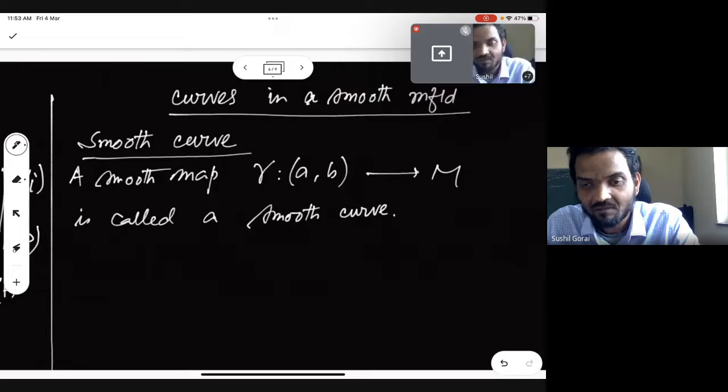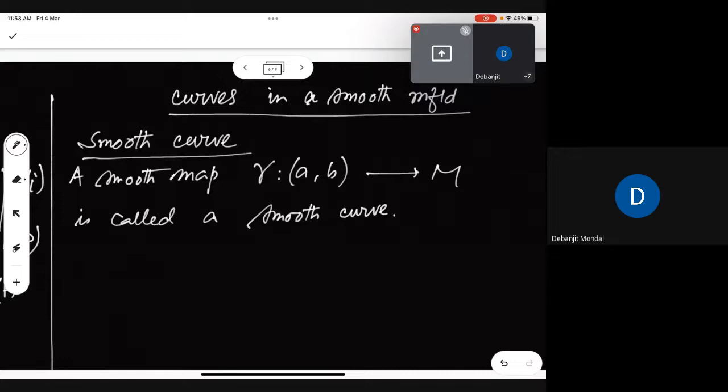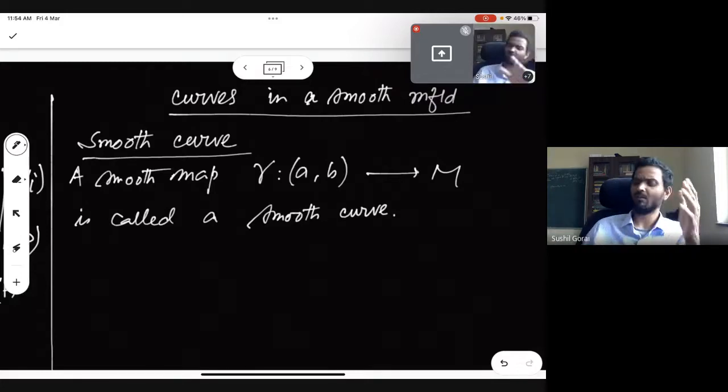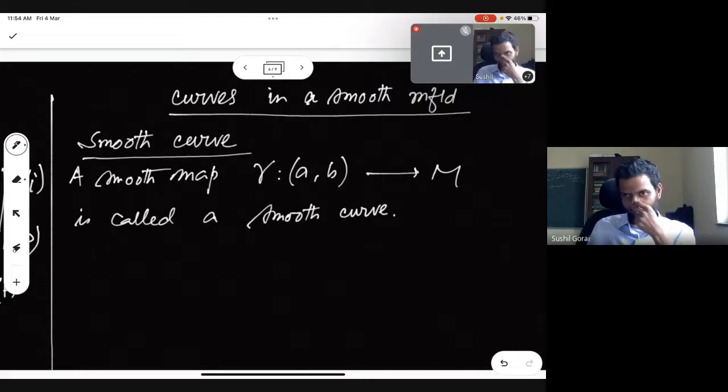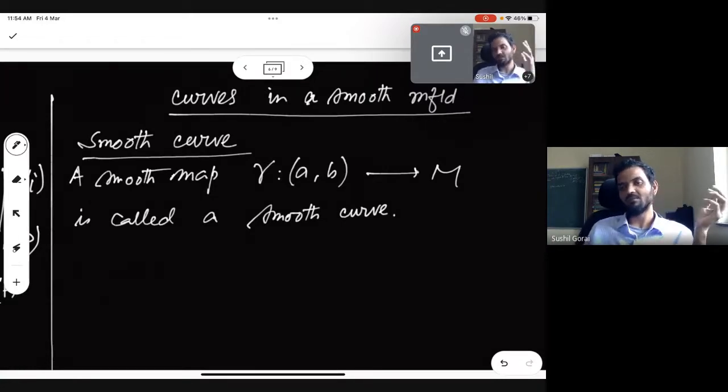Yeah, what is the basis? Gamma dash T at T, any point in AB. No, the basis of the tangent space of the interval AB. Anybody? What is the basis for the tangent space of the interval AB?